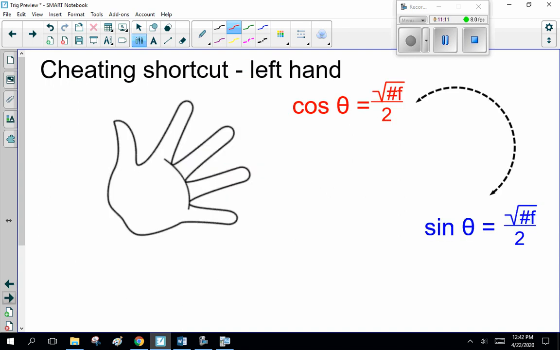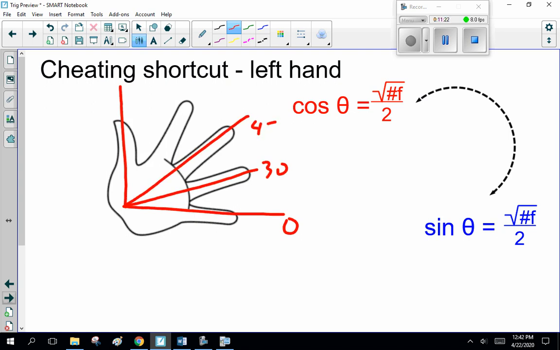Now, shortcut for this: 0, 30, 45, 60. The cosine is the square root of the number of fingers divided by 2, and the sine is the number of fingers divided by 2. The cosine is the number of fingers above the line, and the sine of theta is the number of fingers below the line.